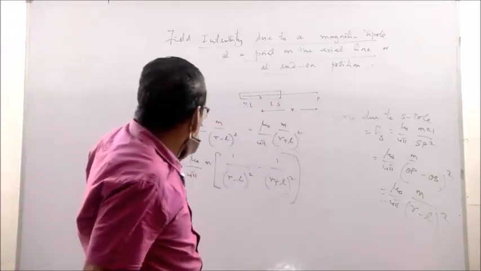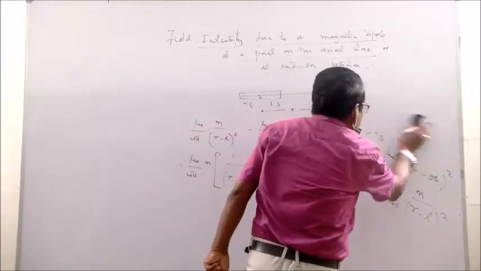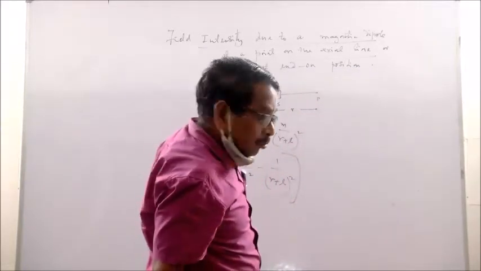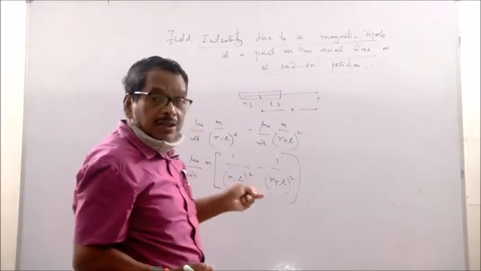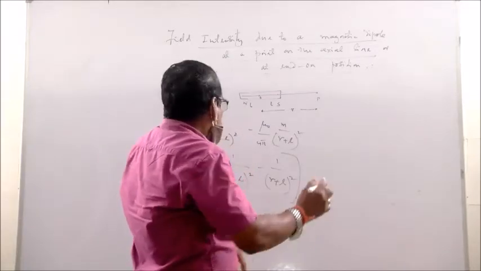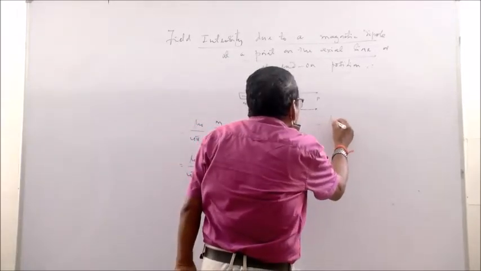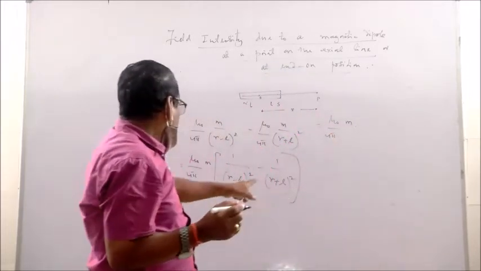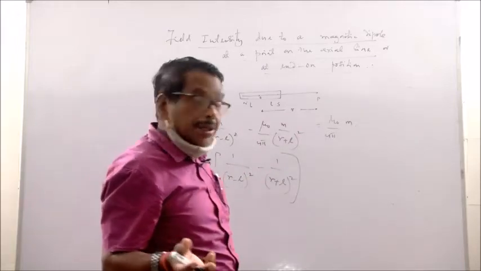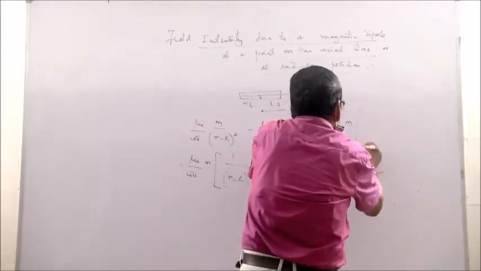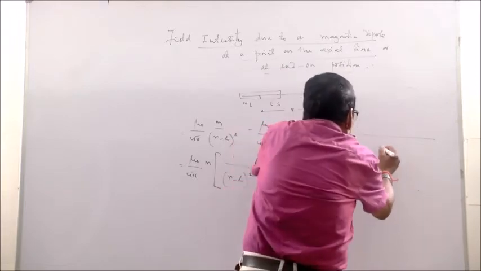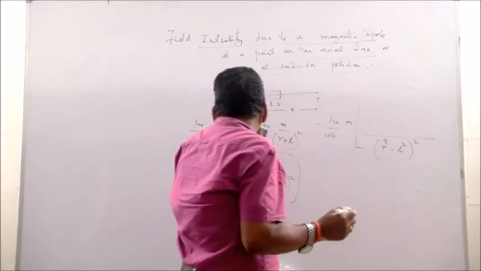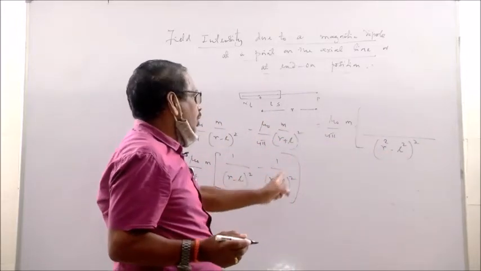As you know, you are all science students, so you must be very conversant with mathematics. Physics and mathematics go side by side. To secure high marks in physics, one must secure high marks in mathematics also. So in this case, how to solve this? Let us take the LCM. The LCM will be (r square minus L square) whole square, since (r plus L) into (r minus L) is r square minus L square.